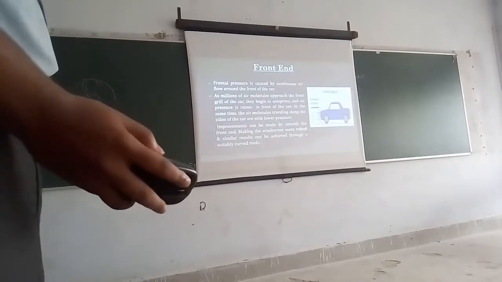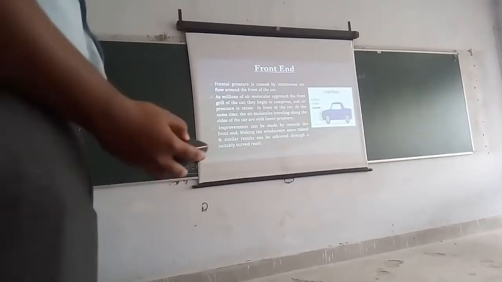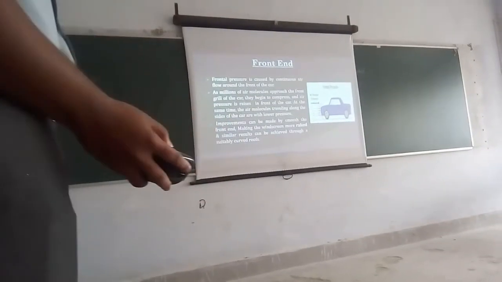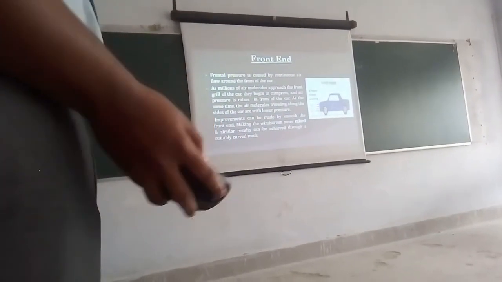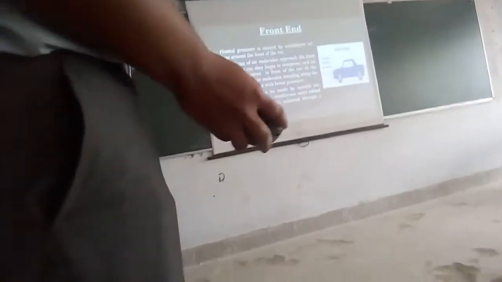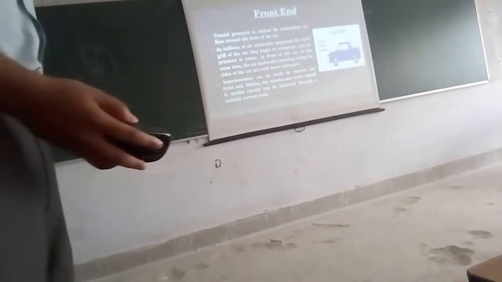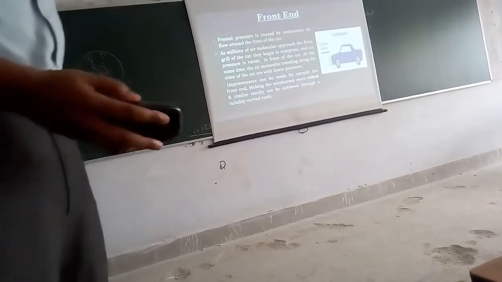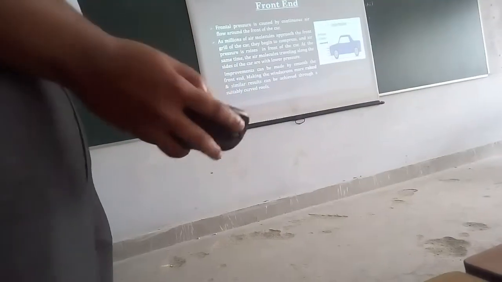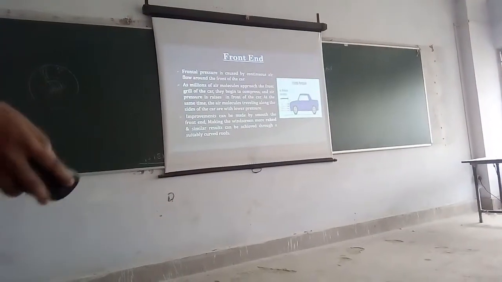Frontal pressure is caused by continuous airflow around the front of the car. When the car is moving, millions of air molecules approach the front of the car. They begin to compress, and the air pressure rises in front of the car. But around the car, air pressure is lower than at the front of the car.